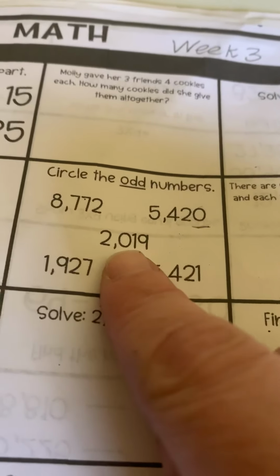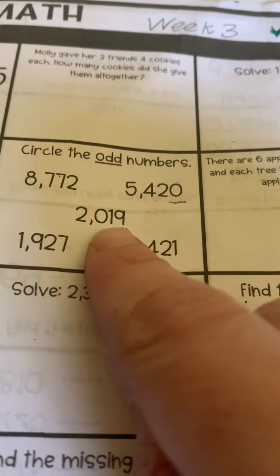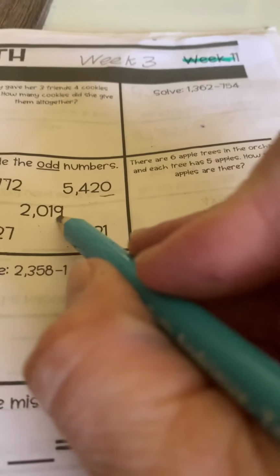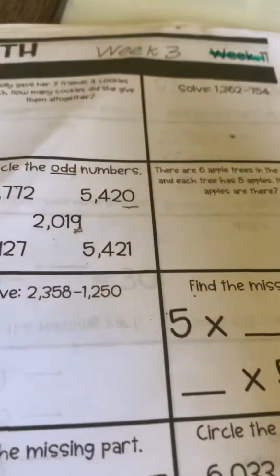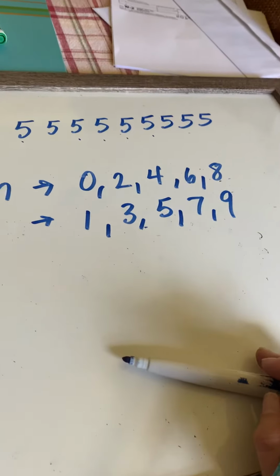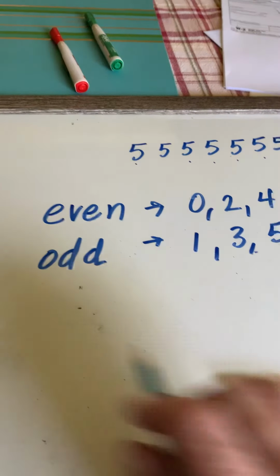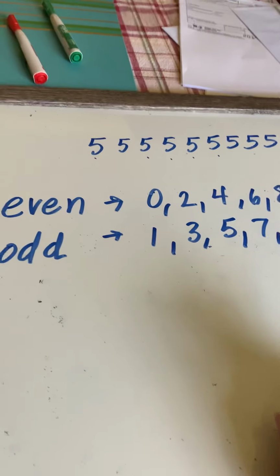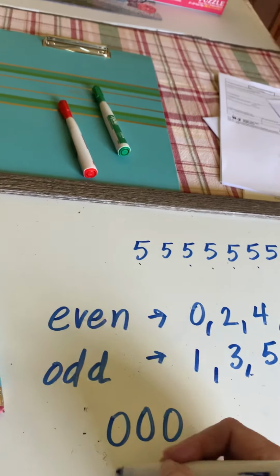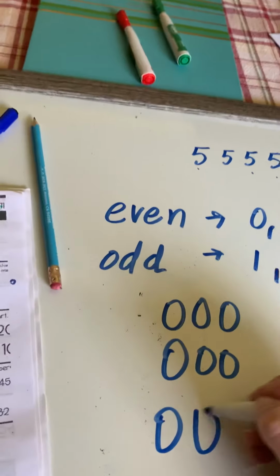Okay, let's look at 2019. We're looking at the ones place, and it's a 9. If we look over here at our evens and odds, our 9 is odd. Because if we drew up, let's do that. 2, 3, 4, 5, 6, 7, 8, 9.